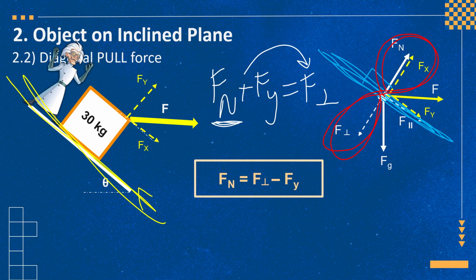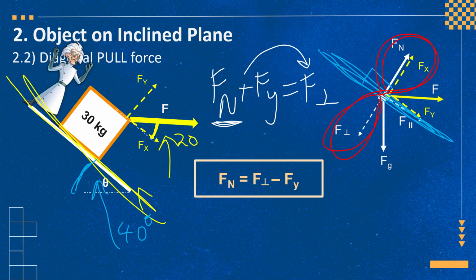Now again, as with the previous slide, you need to be careful about the angles. Let me do it like this. Let's say this yellow applied force is relative to the surface at an angle of 20 degrees. So that angle there is 20 degrees. But the angle of the slope, this angle there, is 40 degrees.